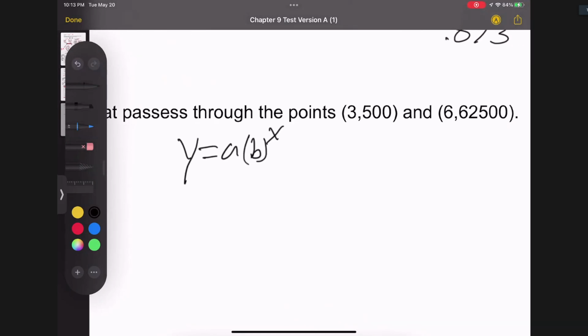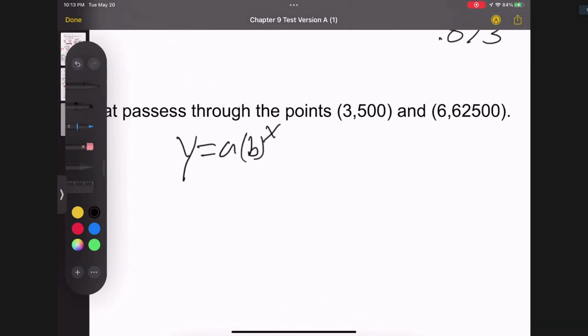Now, 2 points. I want to say that this is going to be the first point in blue, and I'm going to write down this one to be in red. Now, the first point, I'm going to use the equation. So we got 500. I'm replacing y with 500 for the first point. We got a times b, and what is my x value at the first point? 3.